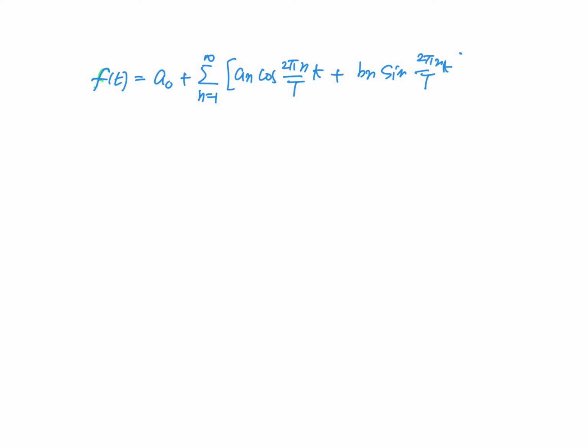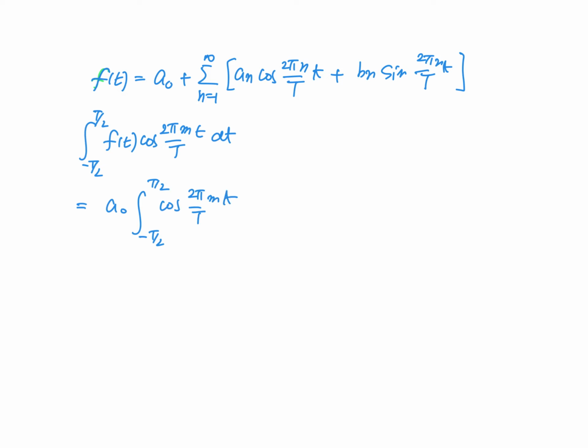I'm lazy, so I just use it. It's okay. I can write down a0 plus an cosine 2 pi n t over T plus bn sine 2 pi n t over T. So f(t) cosine 2 pi m t over T dt is a0 integral from minus T over 2 to T over 2 of cosine 2 pi m t over T dt.